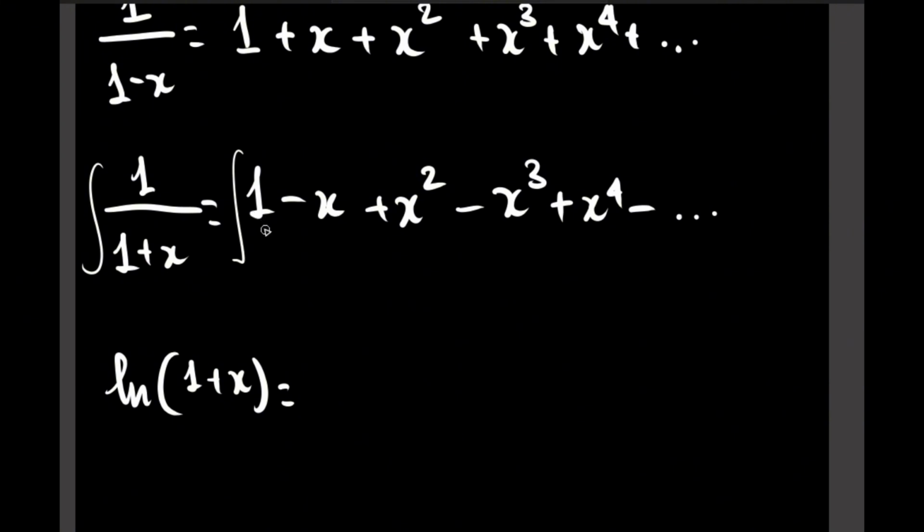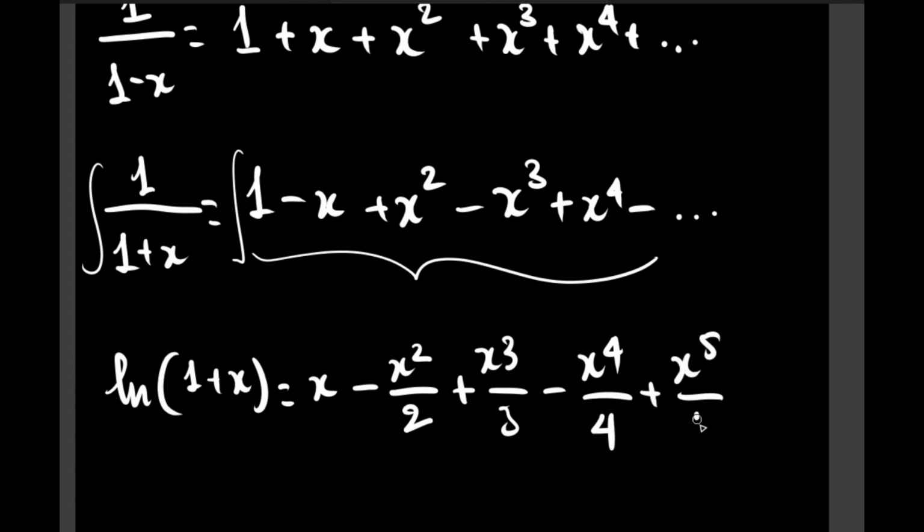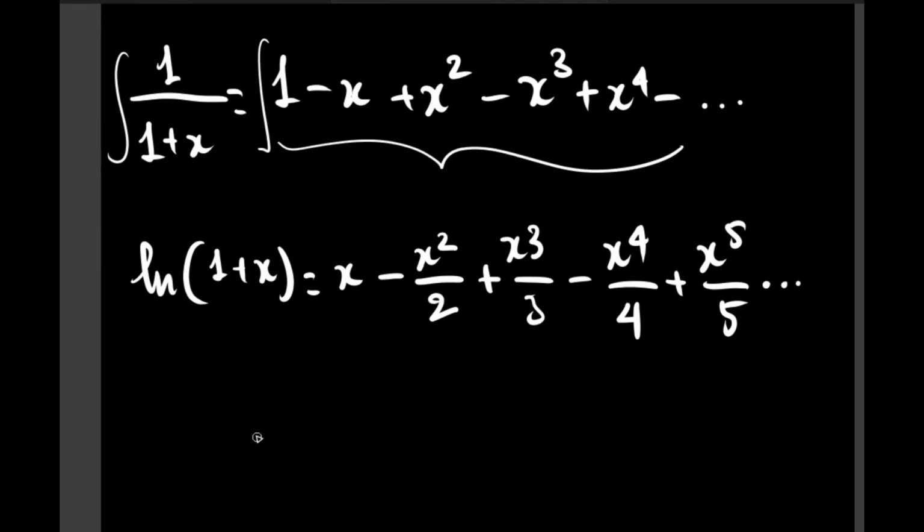The antiderivative of this series is really easy, because when you know about integrals and antiderivatives, you know how to do that. So the antiderivative of 1 is going to be x, minus x to the power of 2 over 2, plus x to the power of 3 over 3, minus x to the power of 4 over 4, and then so on. So this is what we have.